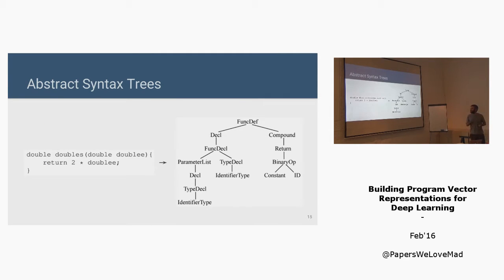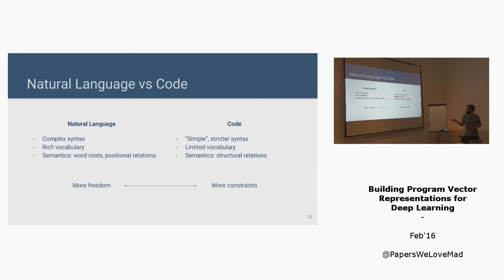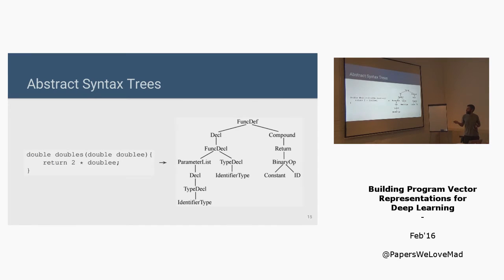So, a bit of what Danny mentioned before. We were mentioning that word roots and positional relations are really important in natural language. As you can see here, it's really hard to tell anything by looking at the roots of this and this. At the end, these are many different things. Also, if you look at the positional aspect, the fact that this comes after this doesn't tell you much. This could follow, but it doesn't give you any meaning.